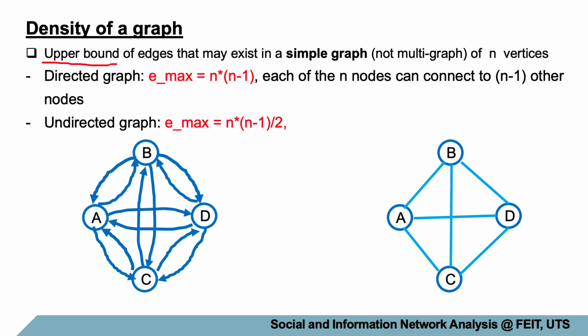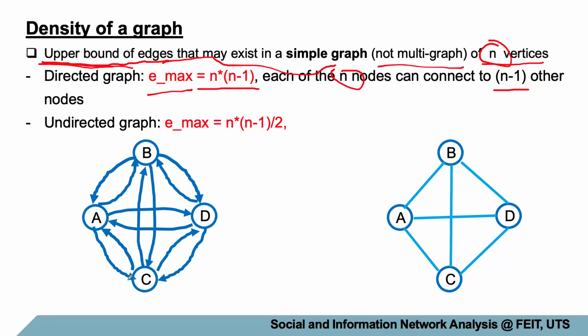The upper bound of edges that may exist in a simple graph, that is a graph that has no multi-edges, with n vertices: Emax, the upper bound of the edges, is n times n minus 1. That is for a directed graph, because each node can connect to the other n minus 1 nodes.